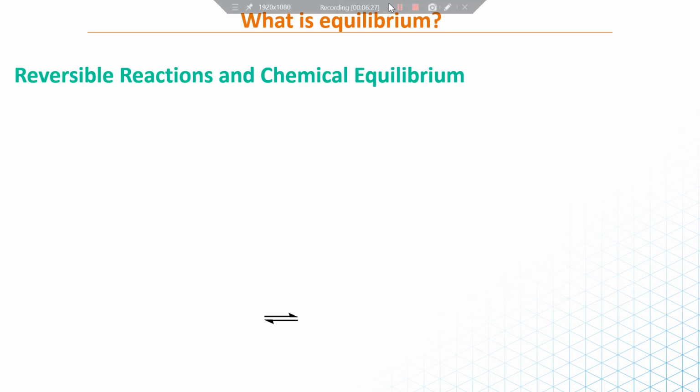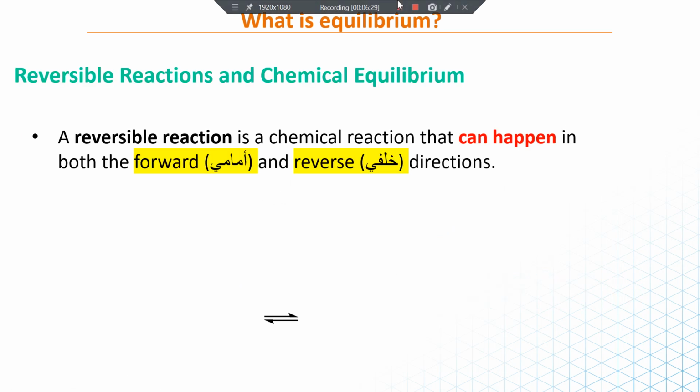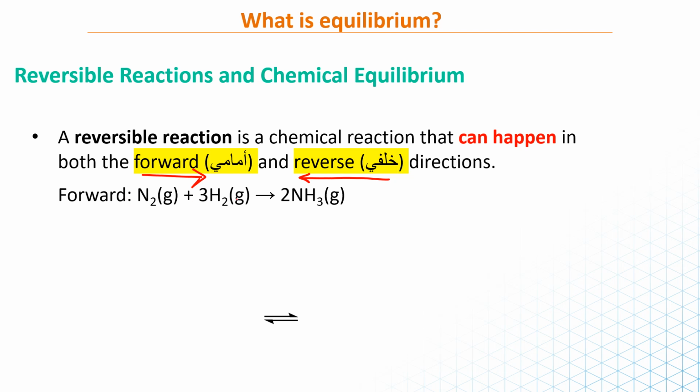So, reversible reactions and chemical equilibrium. A reversible reaction is a chemical reaction that can happen in both the forward direction الأمامي, يعني هذا السهم إلى اليمين, and the reverse reaction or direction, بشكل خلفي. This is the forward reaction, N2 plus 3H2 gives me 2NH3, and this is the reverse reaction, إنه النواتج تكون لي المتفاعلات.